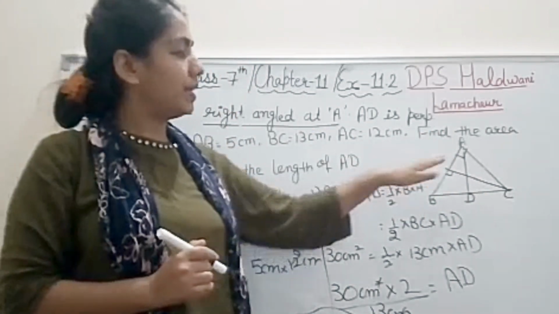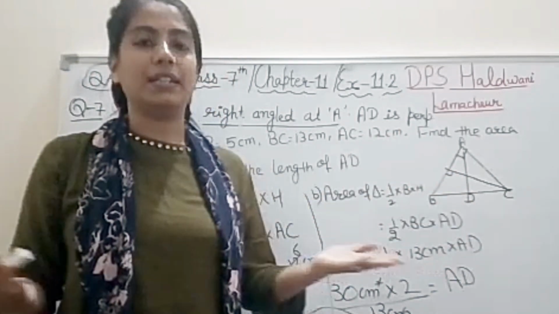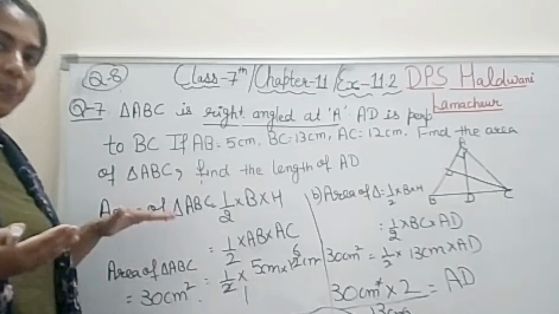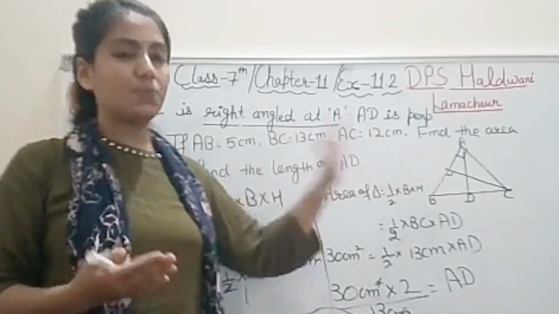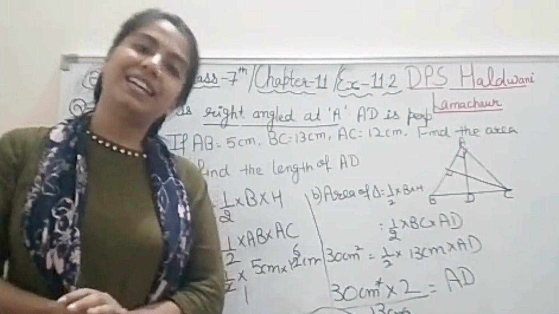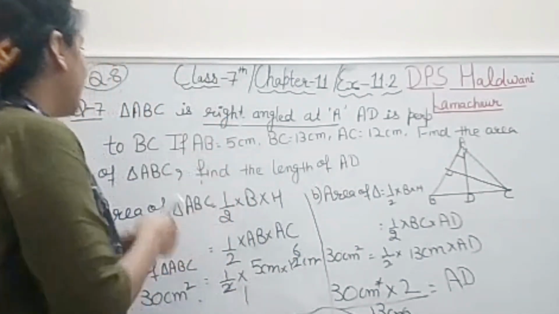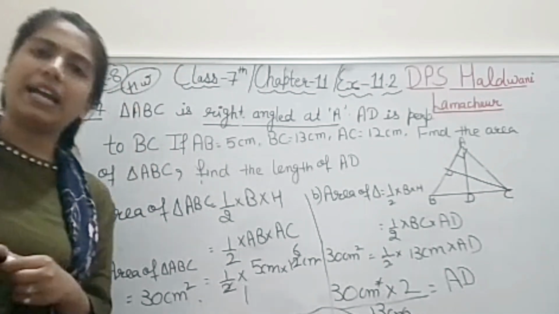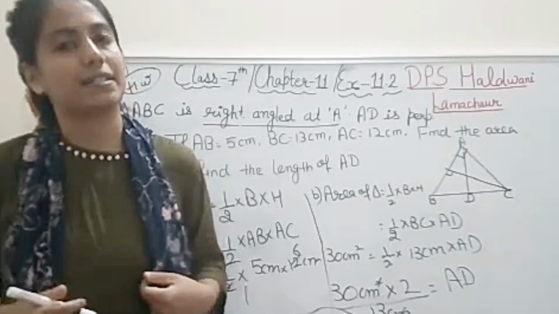You need to find out the height of the given triangle. That's it. And for that you will put the formula in the same manner. Area was given to you, base was given to you, and you can easily find the value for the height. Right student? So question number 8 is homework for you. It is very simple. You will try it. If you feel any problem, you can ask me.